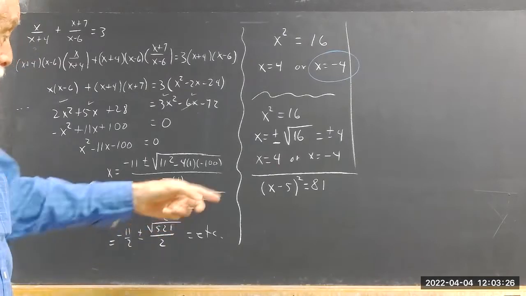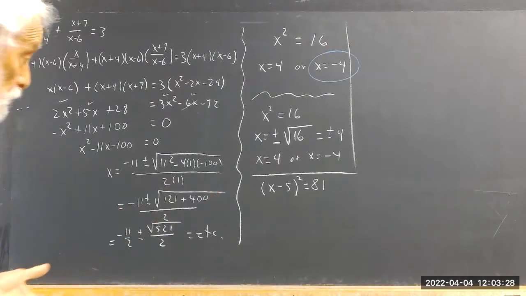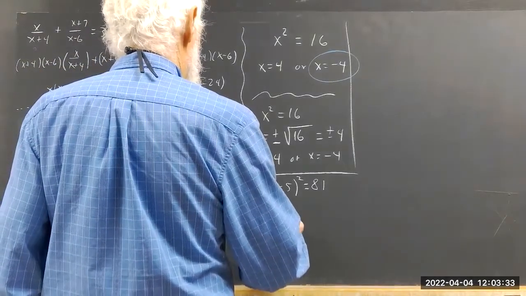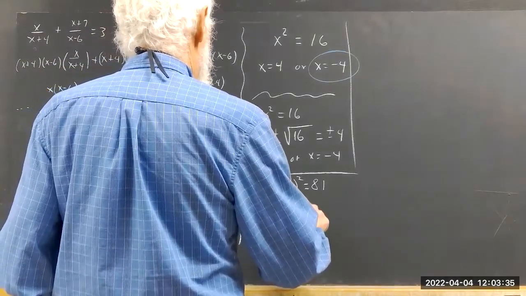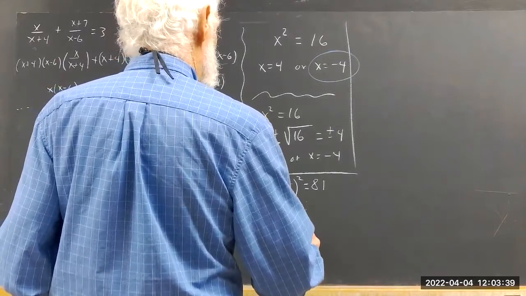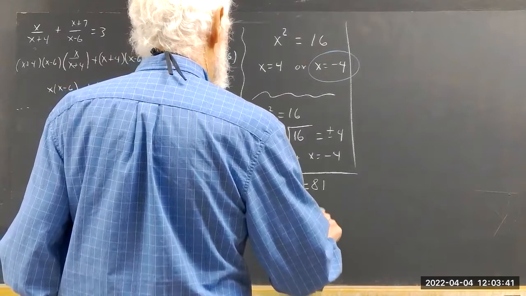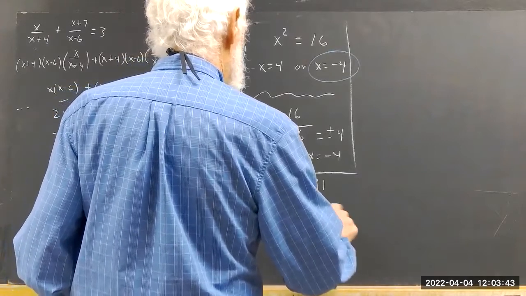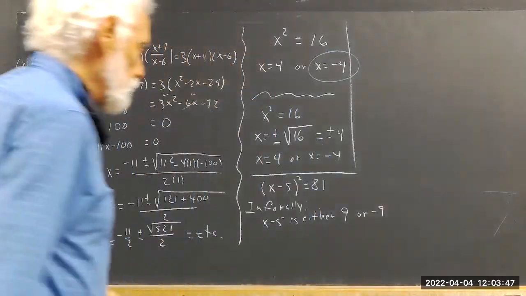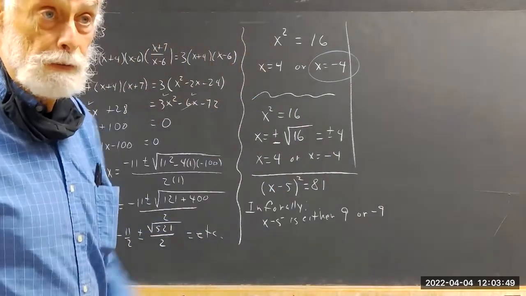One thing I can say informally, x minus 5 is either 9 or negative 9, right?